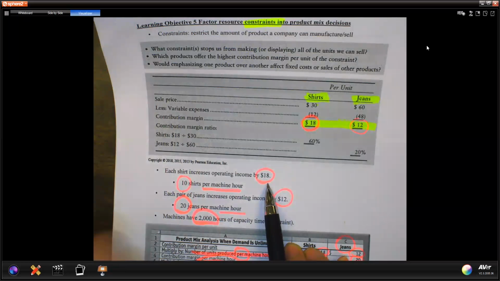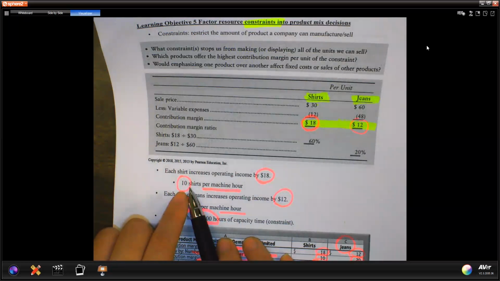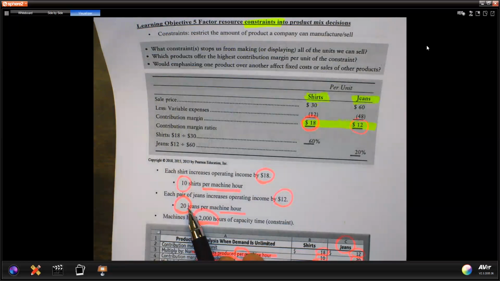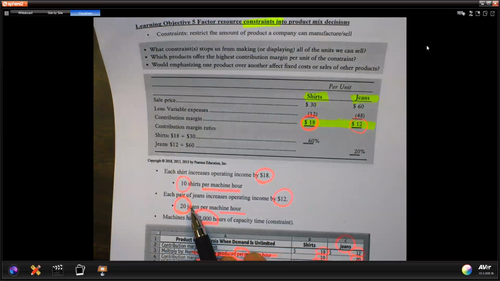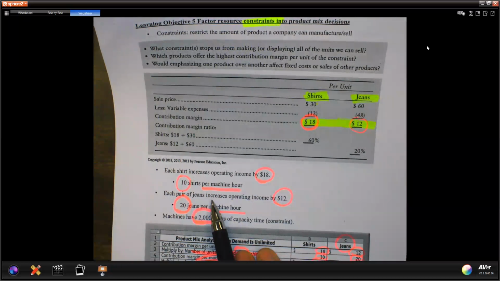But for 1 hour, you only make 10 t-shirts. For 1 hour, you can make 20 gents. So if you look at the overall contribution margin, we should focus on the gents actually. The one that gives us overall higher contribution margin with the constrained resource, we should focus on that one. So this is our third situation of the relevant information.